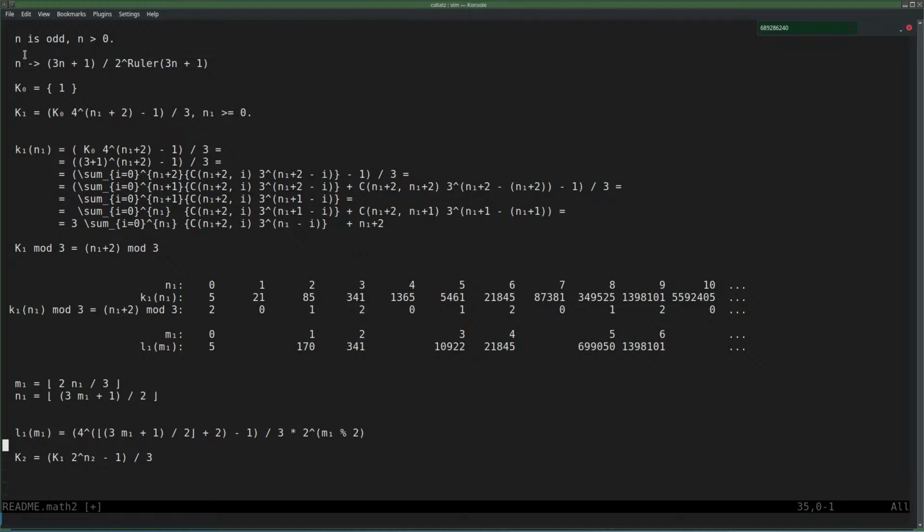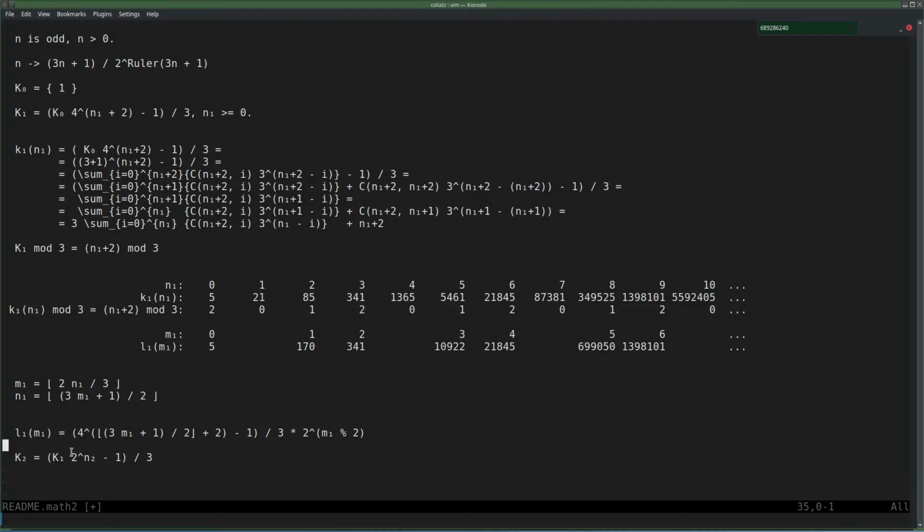Now imagine that we just do k1 minus 1 divided by 3. Then you get an odd number. Minus 1 is an even number. Divided by 3 is an even number. If at all it is divisible by 3, it's going to be an even number. So that does not give an odd number.